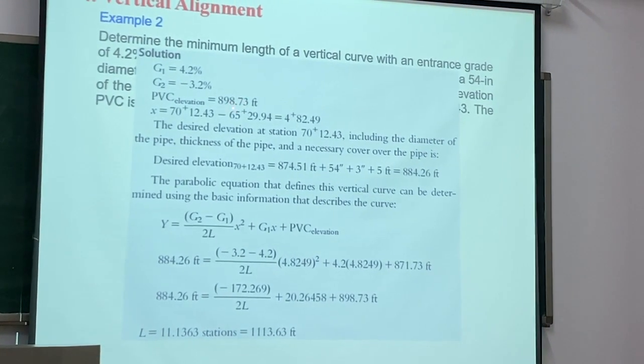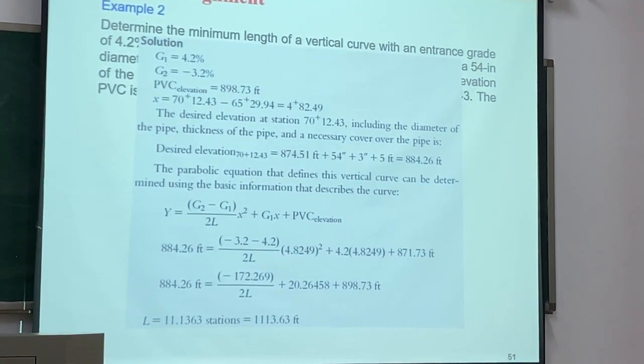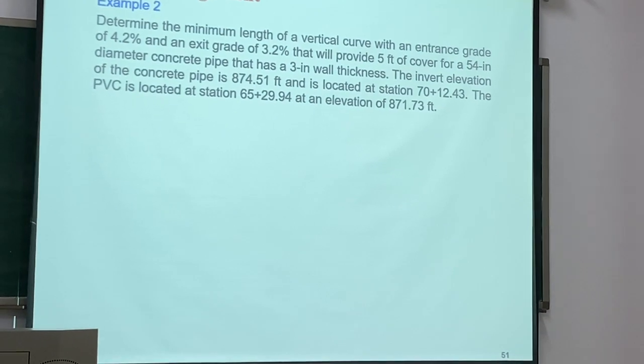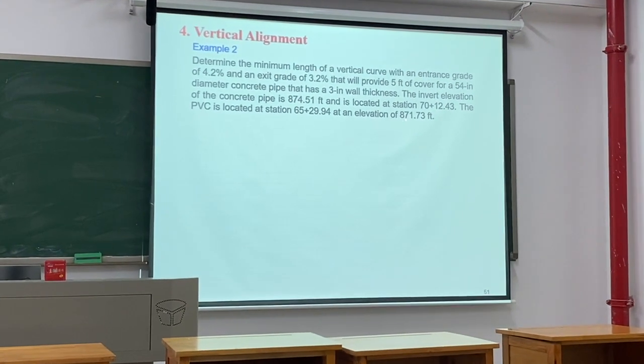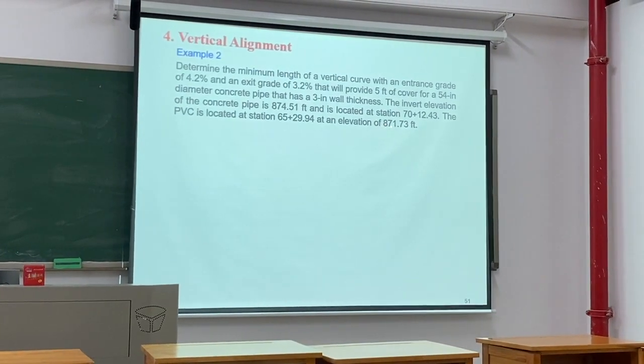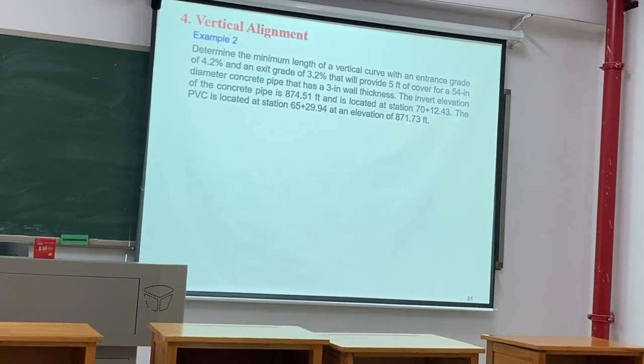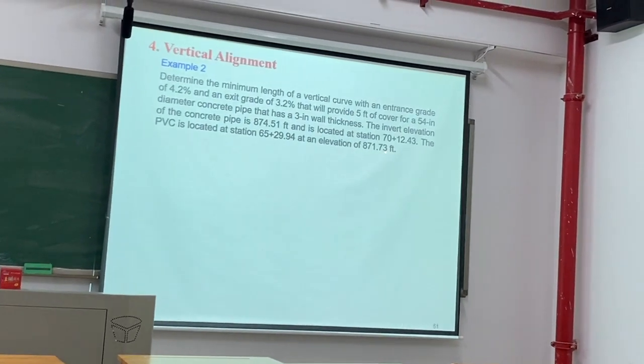So we can derive the elevation at this station. The PVC is like this, and the elevation is 871.73 feet.